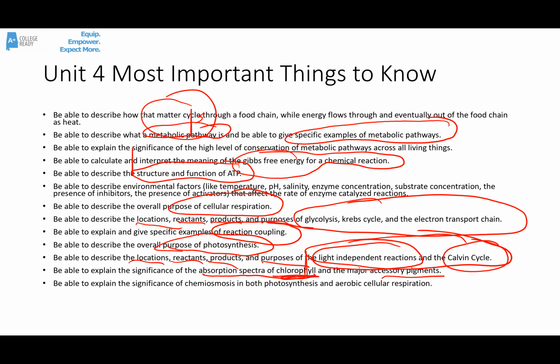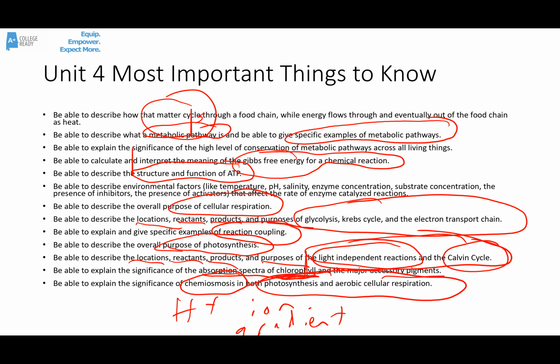And then finally, make sure you can explain the significance of chemiosmosis, the process of using a hydrogen ion gradient to produce ATP. It's really important in both photosynthesis and in aerobic cellular respiration.